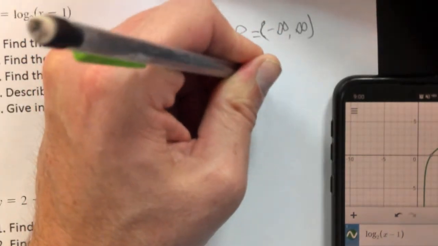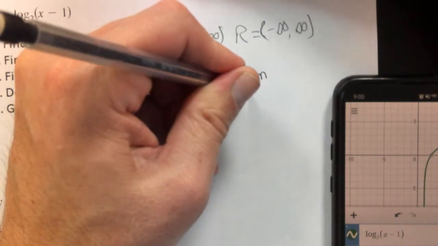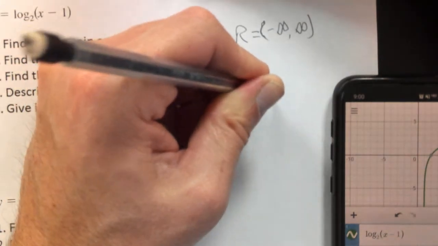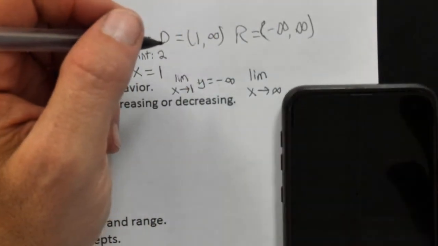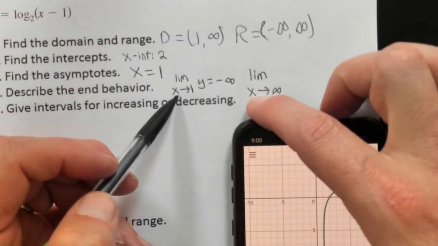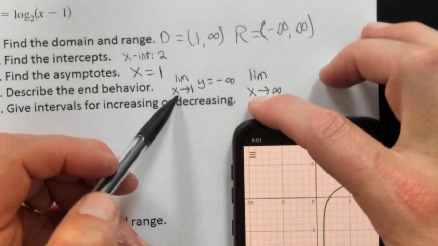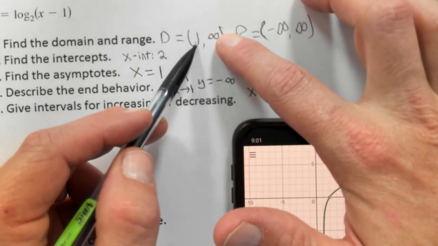Let's go for the right-hand end behavior, which will be the limit as x approaches positive infinity, because there's no boundary on this side of the function. And by the way, if you're looking to see what your x needs to approach to describe your end behavior, look at the domain, right? This is what x approaches for your left end behavior.